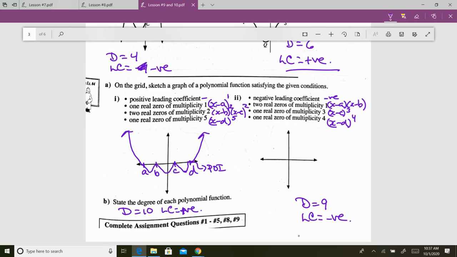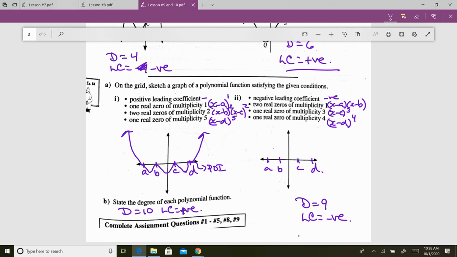Mark out your A, B, and C. Again, I just work left to right. Leading coefficient is negative. So what does that mean about the arms? The right one has to be down, left one has to be up.